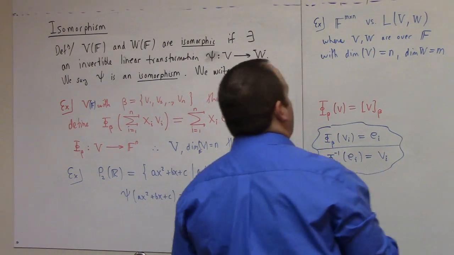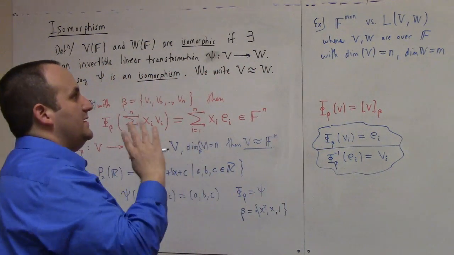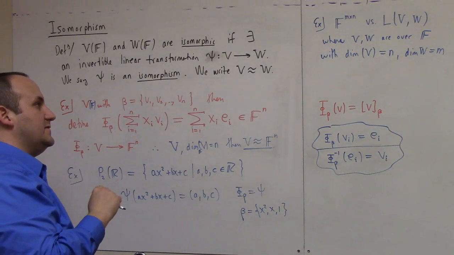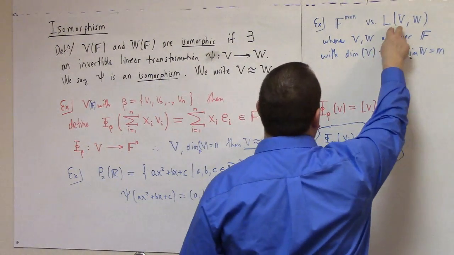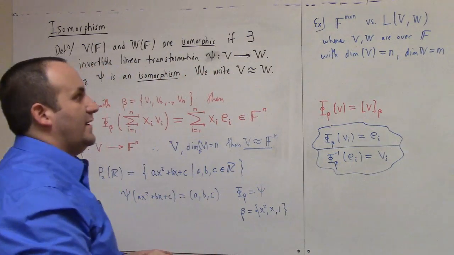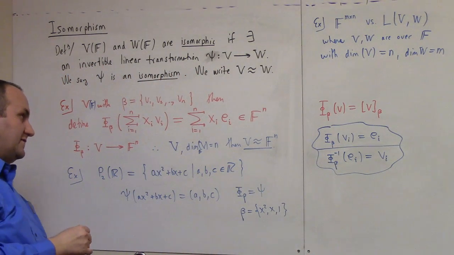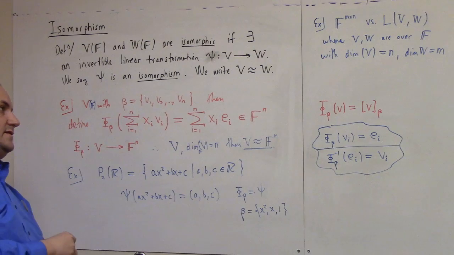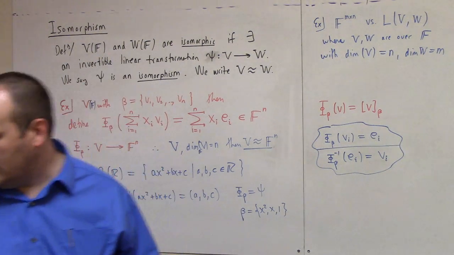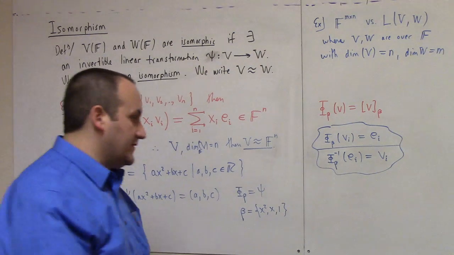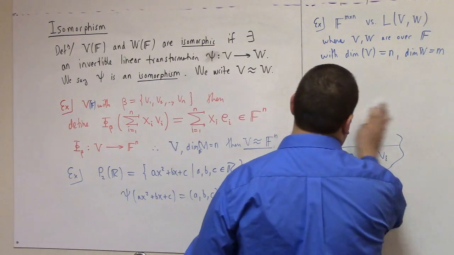I can prove, in fact, that these two vector spaces, we proved that was a vector space earlier today, didn't we? Yes, we did. We can prove that these two vector spaces are in fact isomorphic. In other words, they're really just different notations for the same animal from the viewpoint of linear algebra. What's the isomorphism?